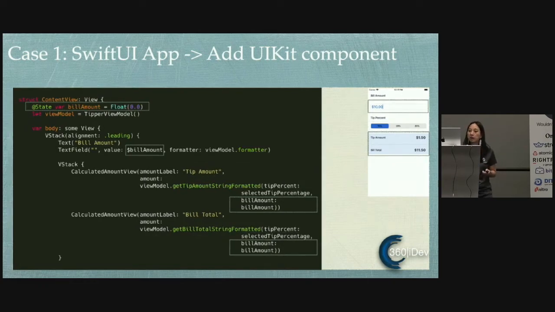Also, when bill amount changes, that automatically updates the bill amount used in calculating the tip amount and bill total. Again, we don't have to inform the tip amount or bill total views that the bill amount has changed and therefore recalculate the tip amount and bill total. That happens automatically since the bill amount variable was bound to those views, i.e. those views were listening to changes in bill amount.